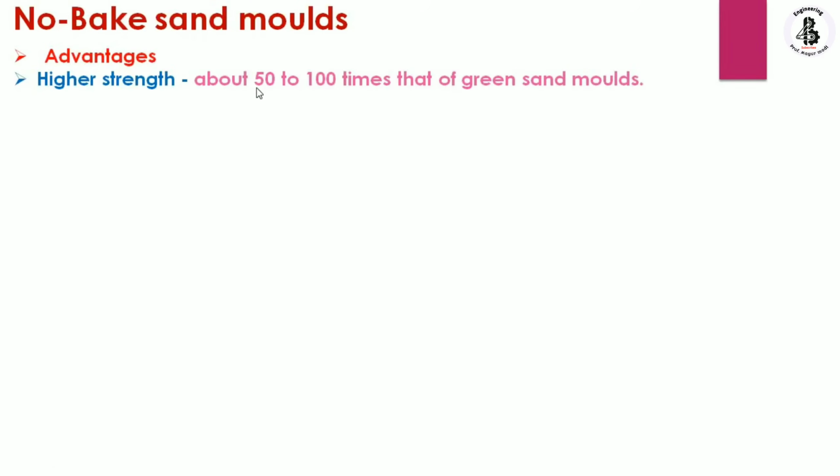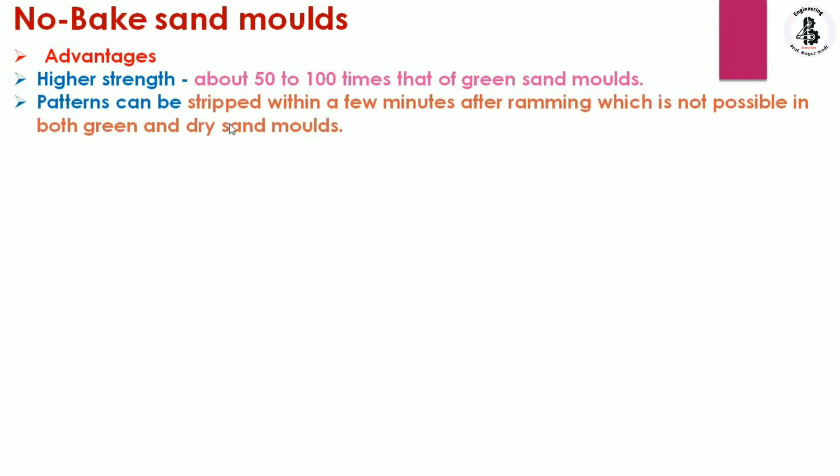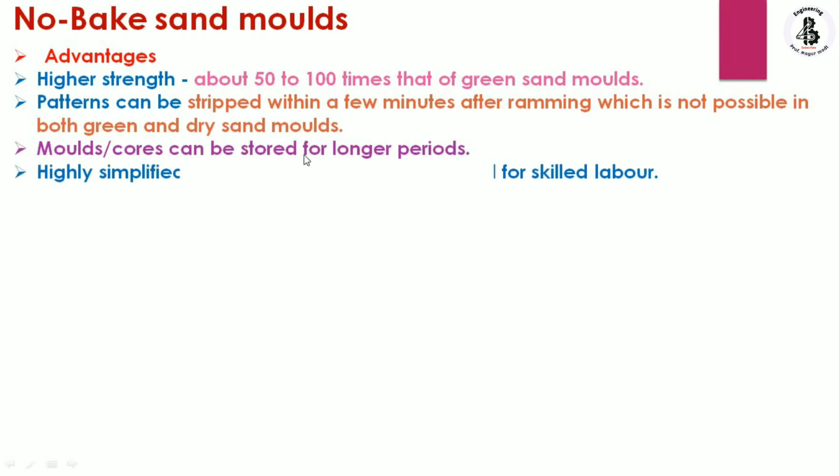No-bake sand molds have advantages like high strength, about 50 to 100 times that of green sand molds, so nowadays they have maximum applications. Patterns can be stripped within a few minutes after ramming, which is not possible in both green and dry sand molds. Molds, or you can say cores, can be stored for a longer period of time, and moldings are highly simplified, hence reducing the need for skilled labor.